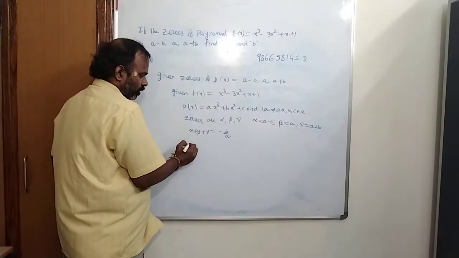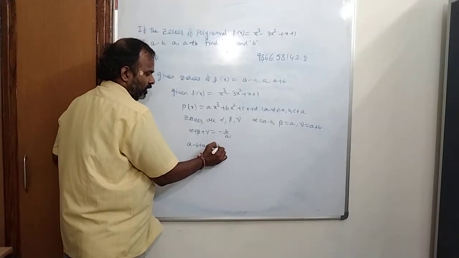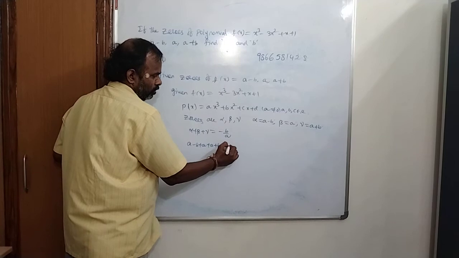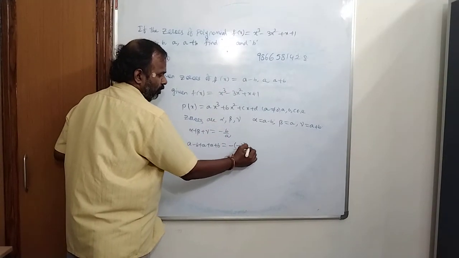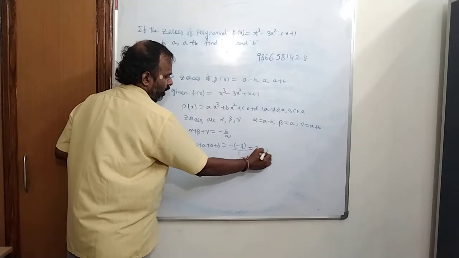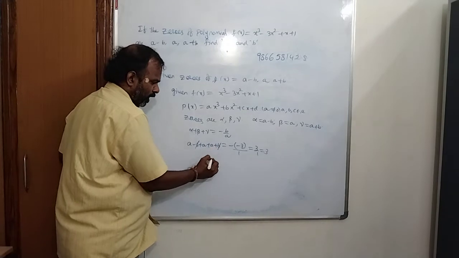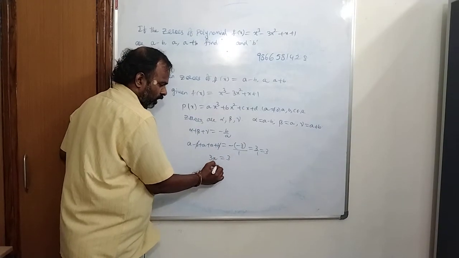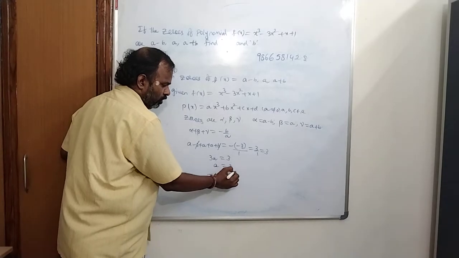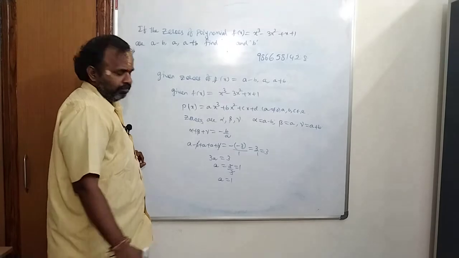So a minus b plus a plus a plus b is equal to minus of minus 3 by 1, which is 3. Here b and b get cancelled. 3a is equal to 3, a is equal to 3 by 3, a is equal to 1.